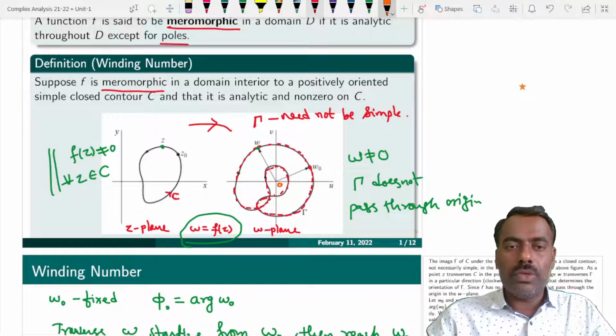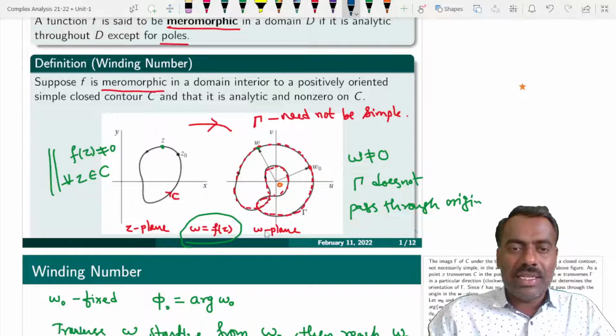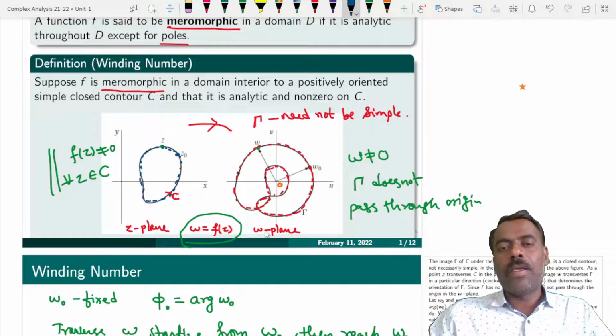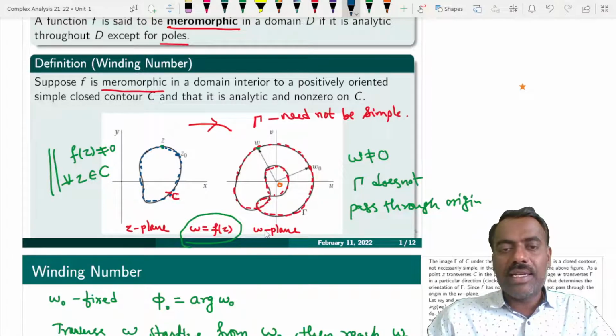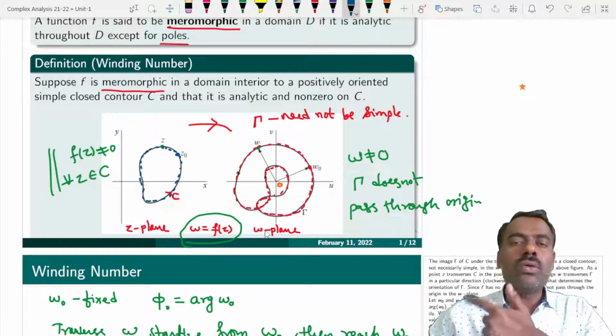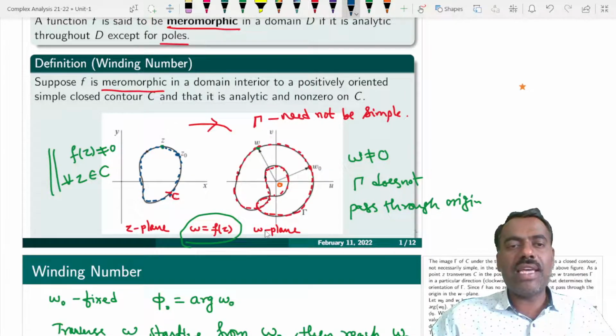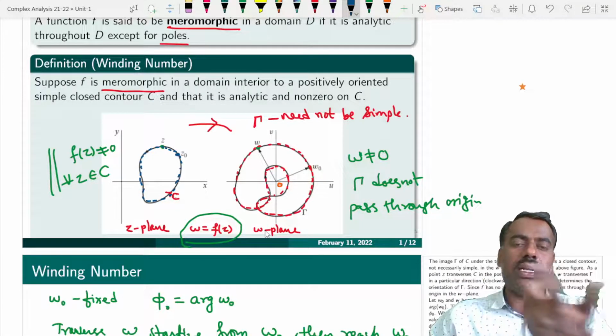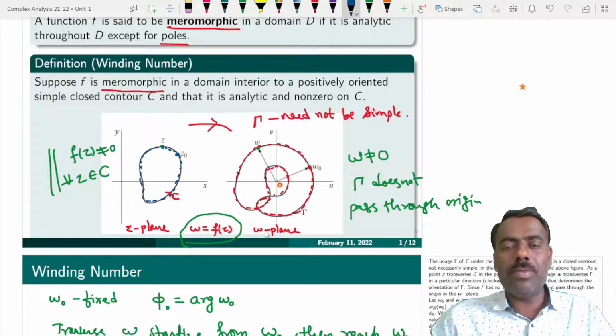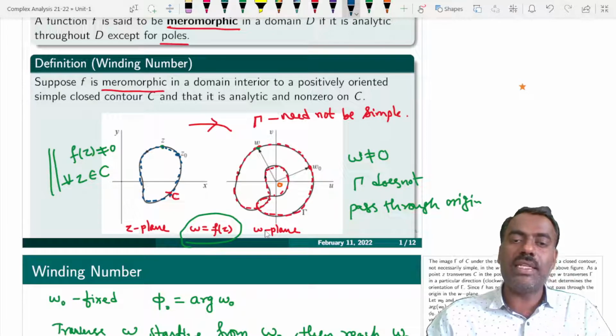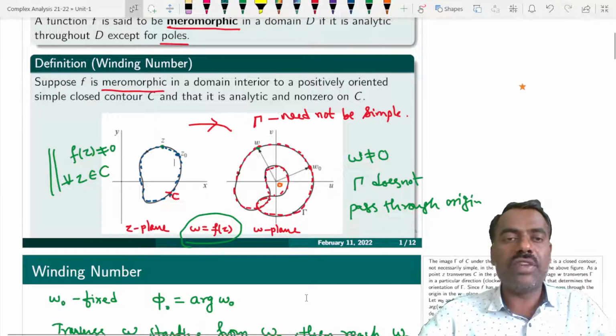So we start from z naught in this z plane, we revolve here, and the moment we reach z naught again, how many times it has gone around the origin, that we call the winding number. If it goes in the negative direction, it will be minus. If it goes in a positive direction, it is plus. So that's why it is called the winding number.